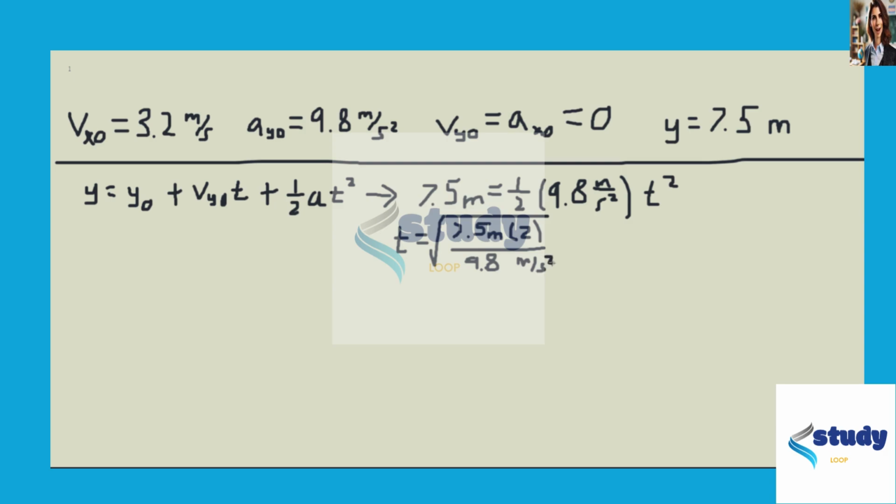The meters are going to cancel. The seconds squared is going to get rooted, so we're left with seconds, which is the unit we expect. And if you carry this out, it's 1.24 seconds.